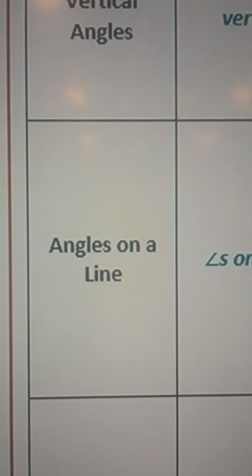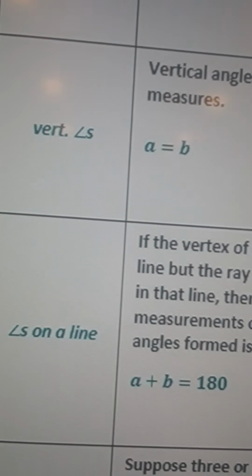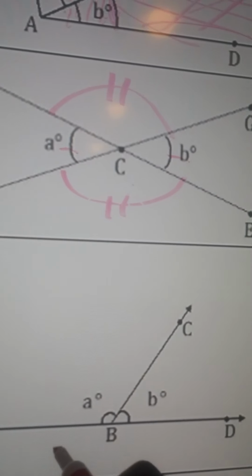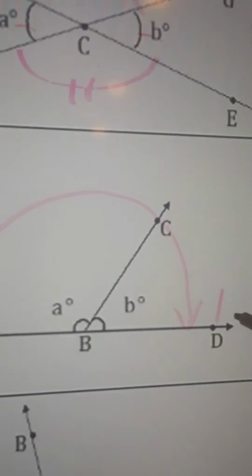The major lesson from yesterday was angles on a line. Angles on a line add up to form a total of 180 degrees.